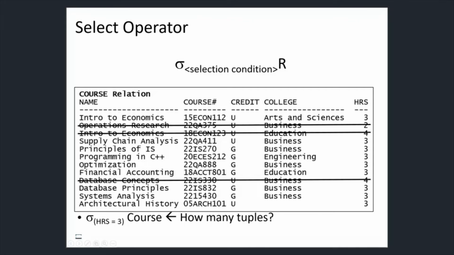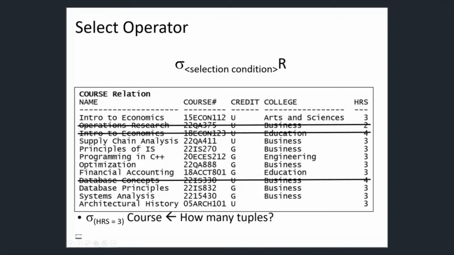Okay, so we run the select operator and we eliminate operations research, intro to economics, and database concepts. And the reason those are eliminated is because those rows do not have a number of hours that meet our selection requirement.